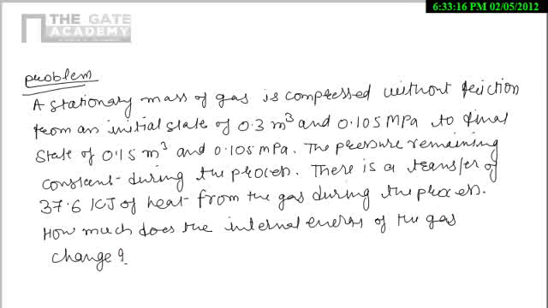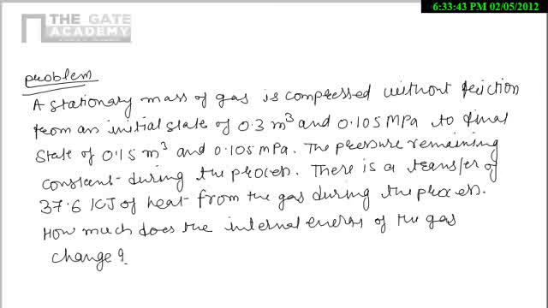So again I will repeat the problem. There is a stationary mass of gas that is compressed without friction from an initial state of 0.3 meter cube to 0.15 meter cube by keeping the pressure constant, that is 0.105 megapascal. There is a transfer of 37.6 kilojoule of heat from the gas during the process.